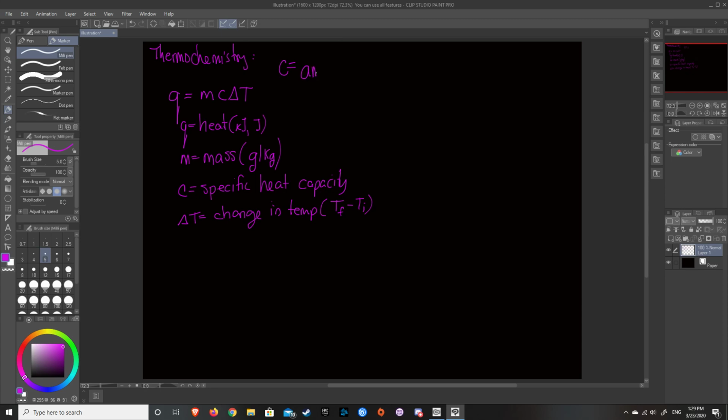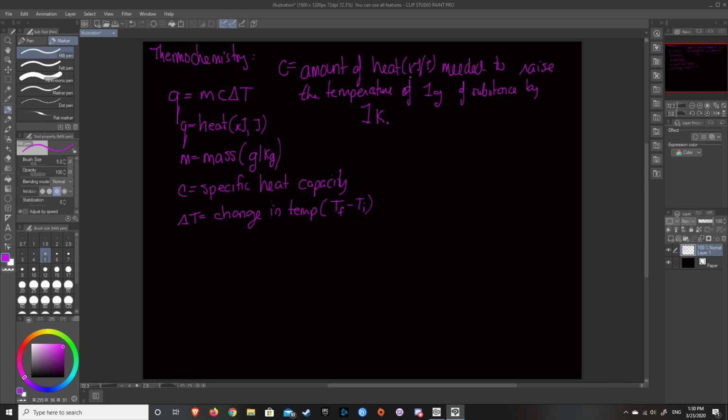It's the amount of heat, so that should tell you the units are going to be kilojoules or joules, needed to raise the temperature of 1 gram of substance by 1 Kelvin.